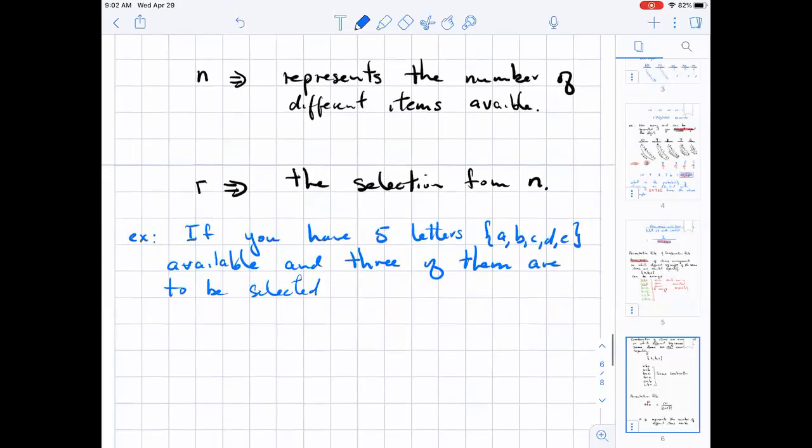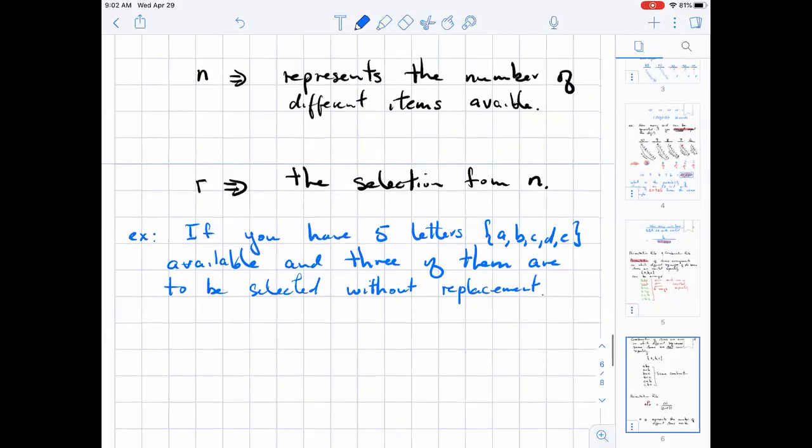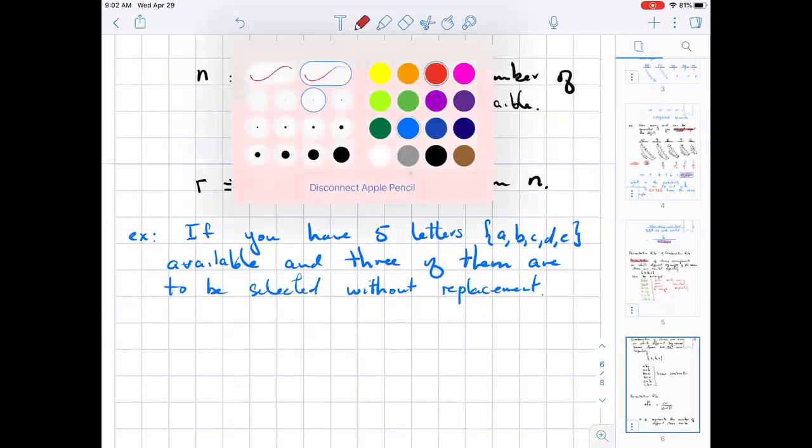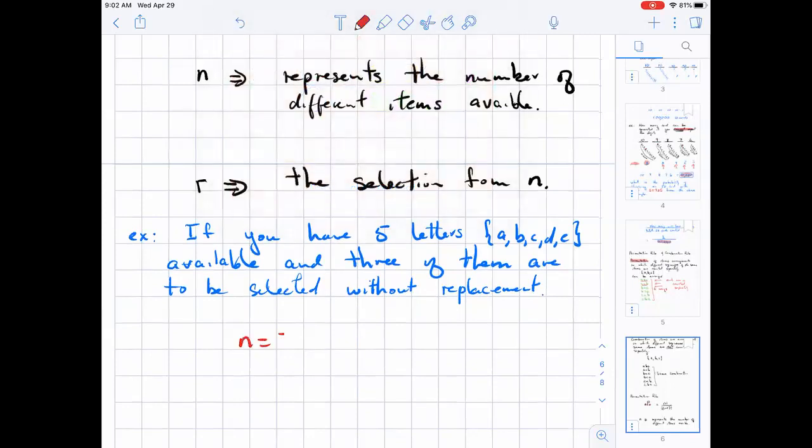Okay, without replacement. So in this case, N would be 5 because you have 5 letters, and R will be equal to 3, because you want 3 of them to be selected.